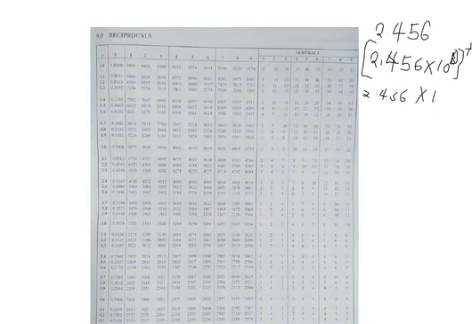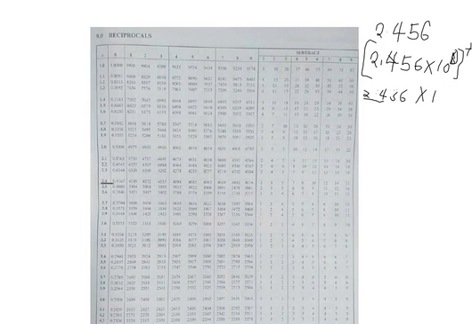So to read the reciprocal of this number from the table, we go to the column labeled X and we look for the number which will represent our first two digits, that is 2.4, and that number will mark our row. So we have the first two digits, 2.4, and it is here.